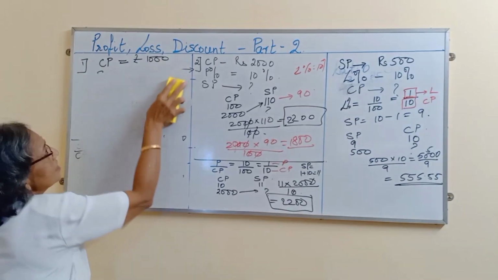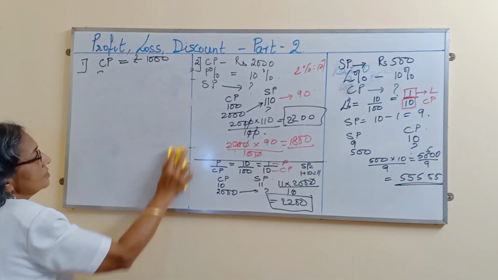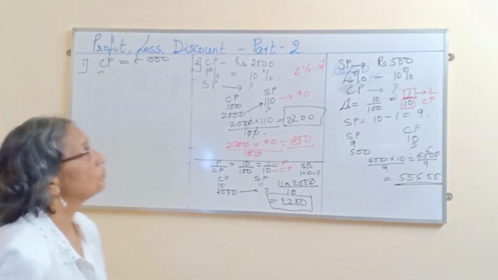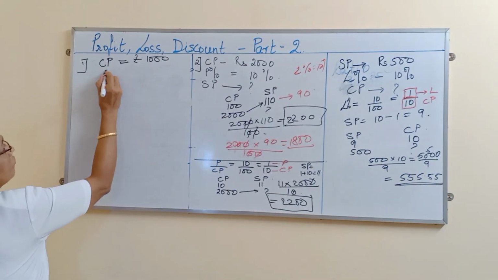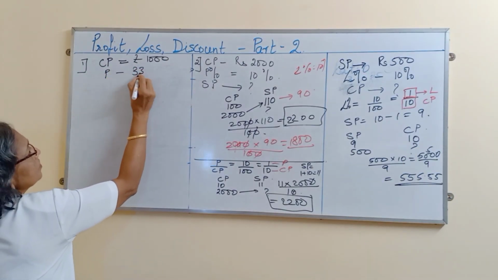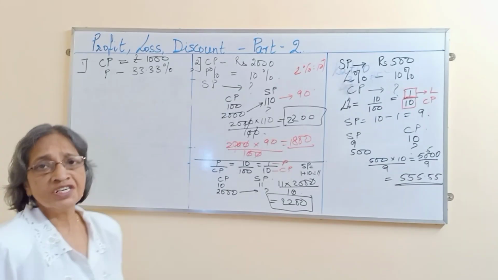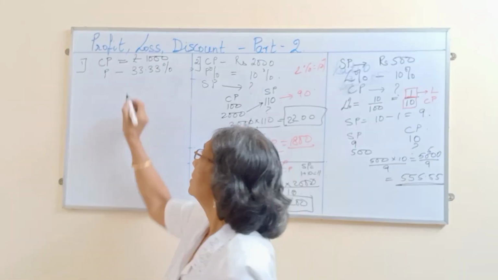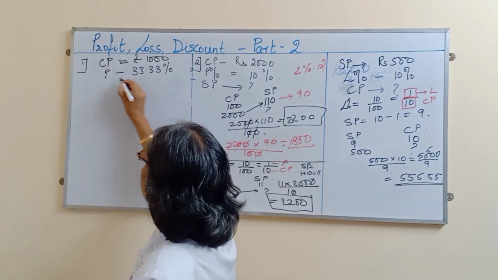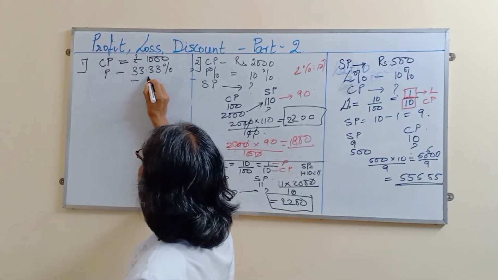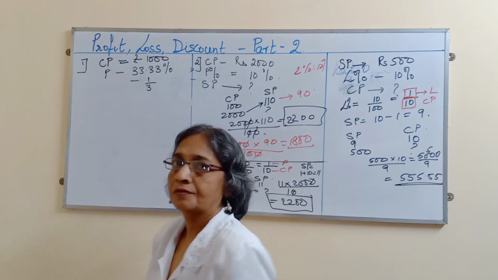So let's take this. I'll take the CP as 1000 and I'll give you the profit percent as 33.33%.